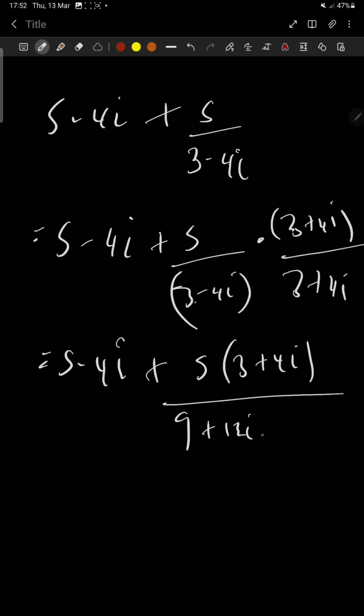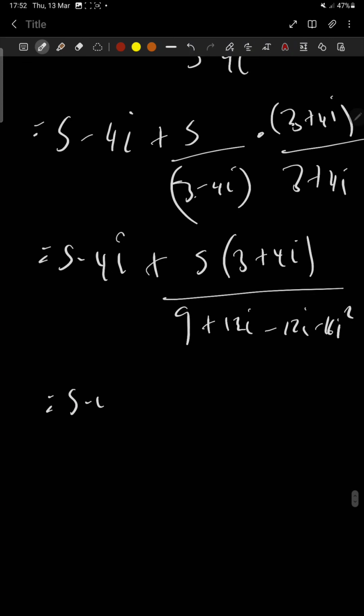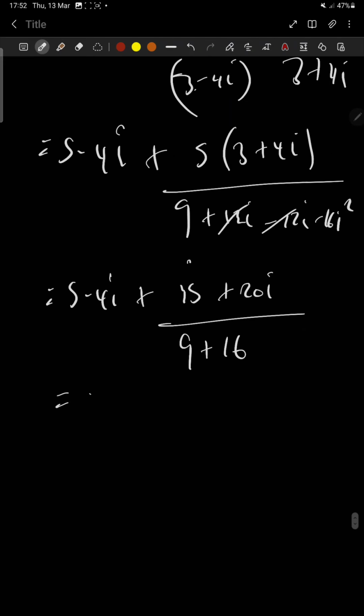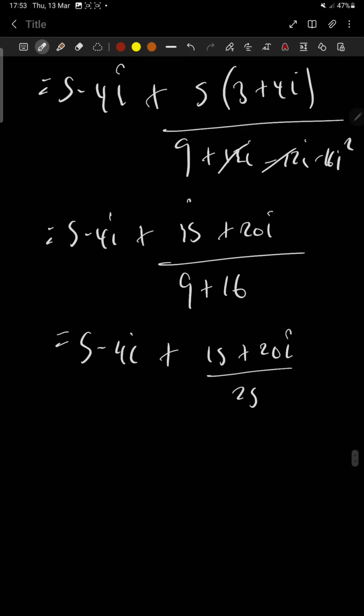This will be 12i minus 12i minus 16i squared. So this will be 5 minus 4i plus 15 plus 20i over 9 plus 16, because this will be 0, isn't it? So this will be 5 minus 4i plus 15 plus 20i over 25.